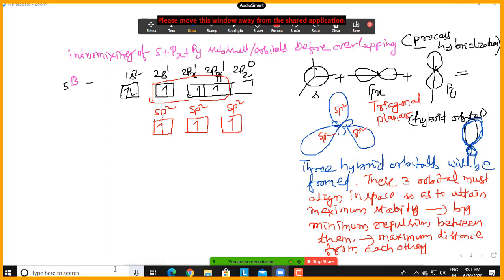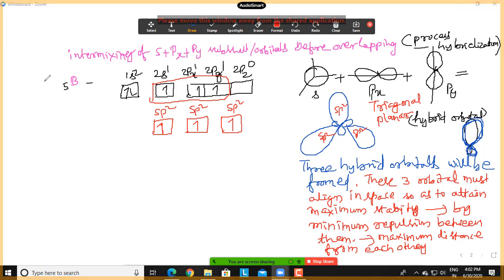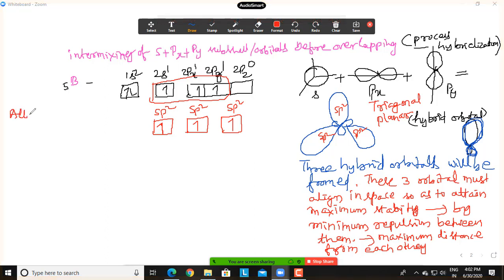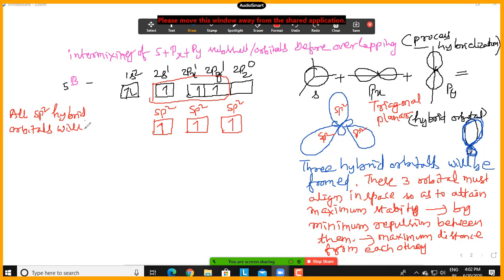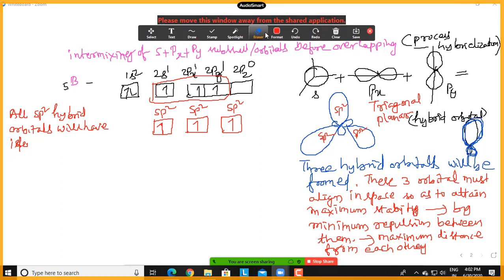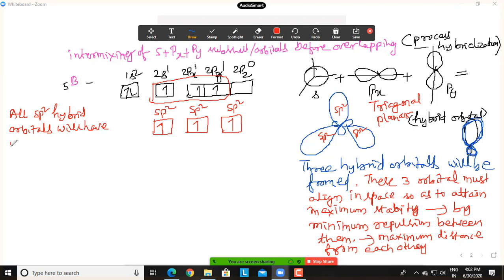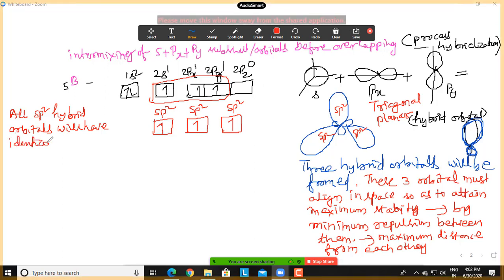Clear? All sp2 hybrid orbitals will have identical shape and equal energy.